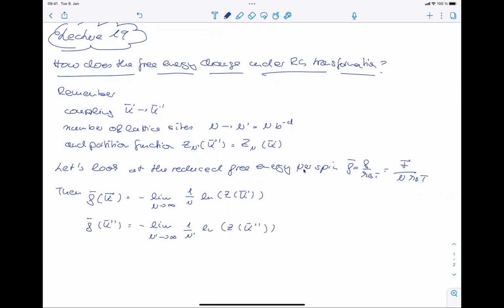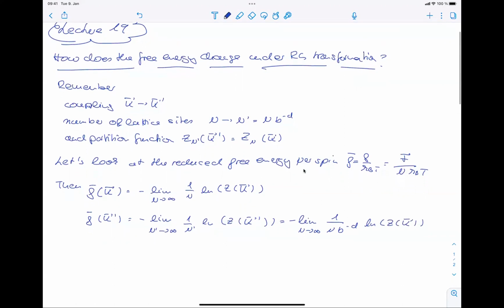And now making use of the definitions above, we can write this as minus the limit N to infinity, given that N prime we know is N b to the minus d, and knowing that the partition function stays invariant, of the non-prime state.